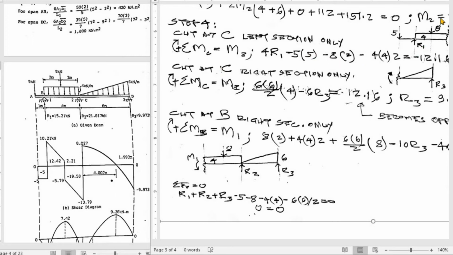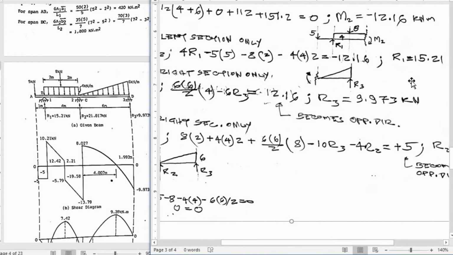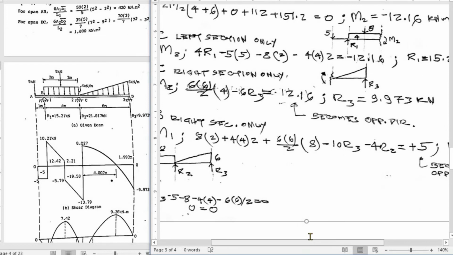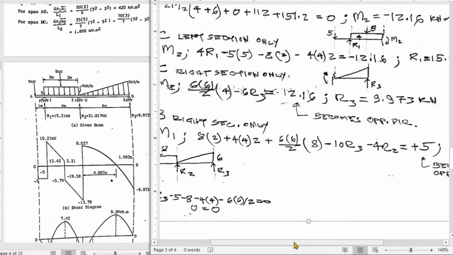Yung R1, it will give us a clockwise moment, kaya positive siya. And then, yung downwards load, you have negative 5, negative 8, and negative 4. Which gives us now the reaction of equal to 15.21.